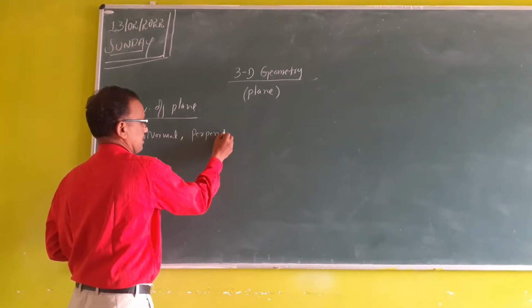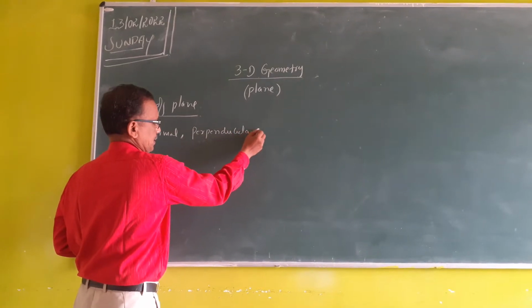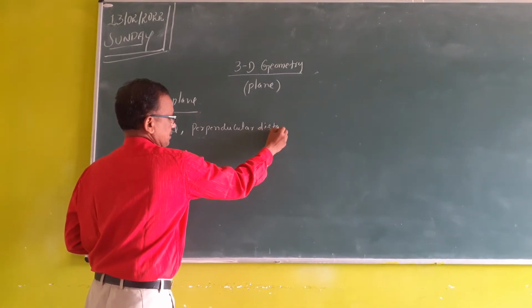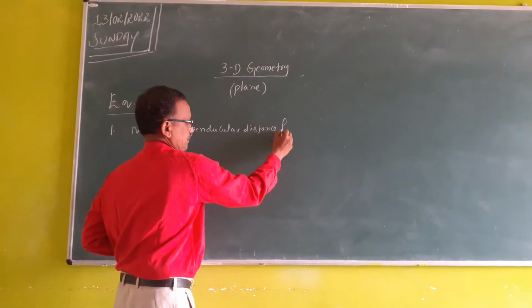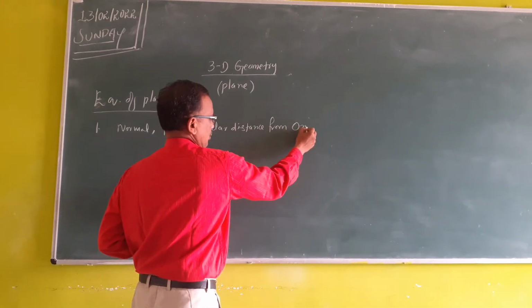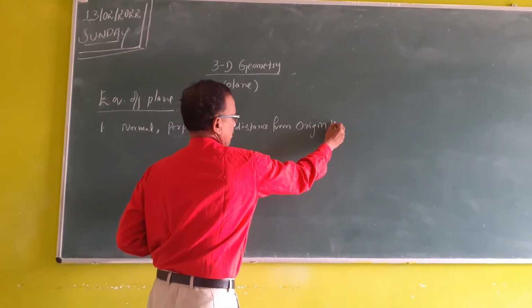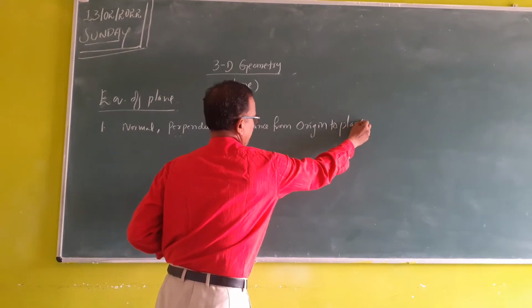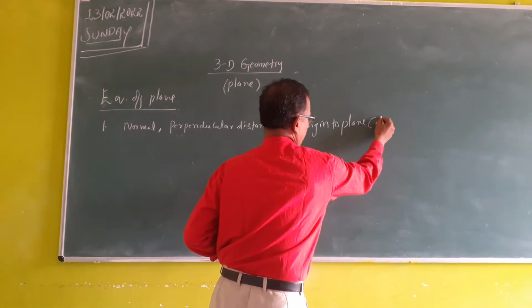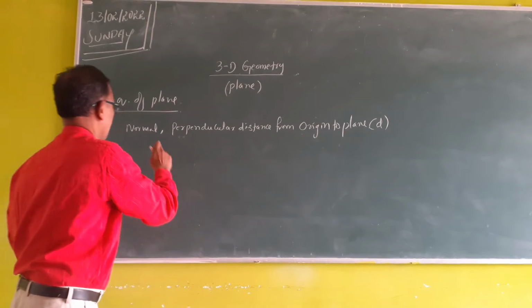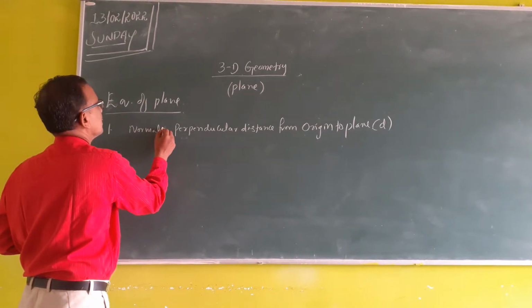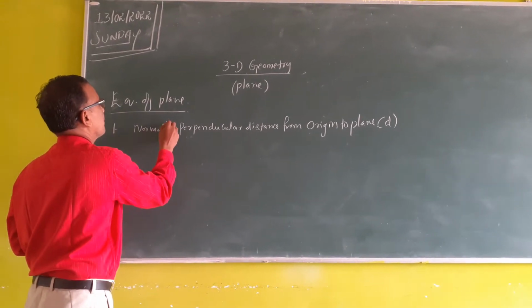Perpendicular distance from origin to plane. Okay, this is d, and normal is n cap.